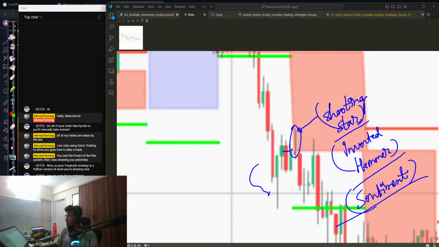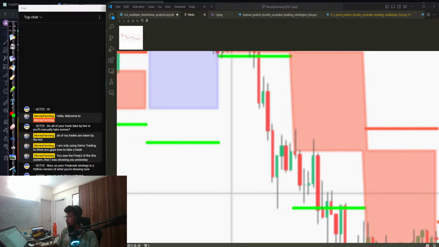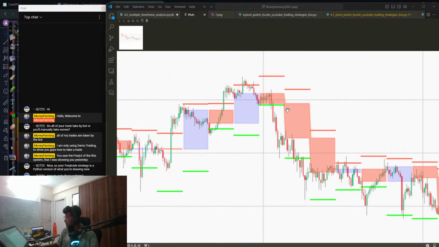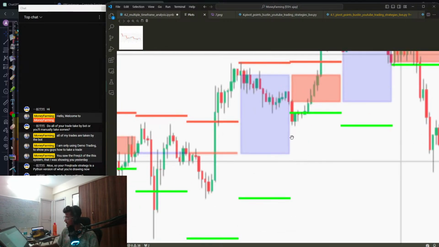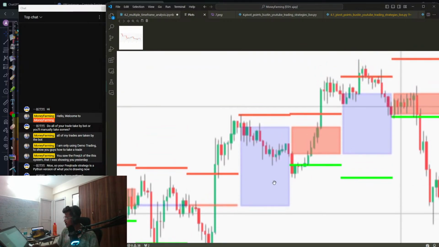No, that's not a daily time frame, that's actually the 4 hour time frame. This bigger bar here, that's 4 hour. The easiest way to see if it is 4 hour or not: from here to here, count all this candlestick. 1 2 3 4 5 6 7 8 9 10 11 12 13 14 15 16. So 16 into 15 minutes, right?